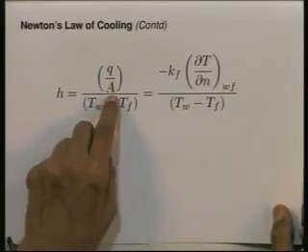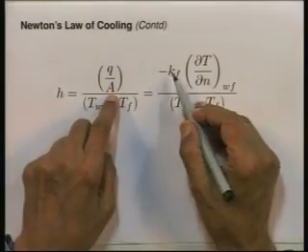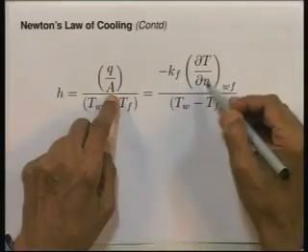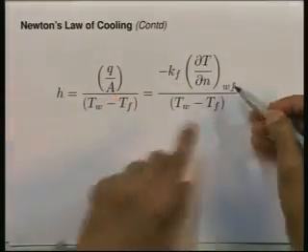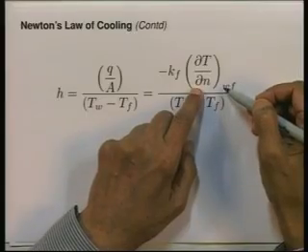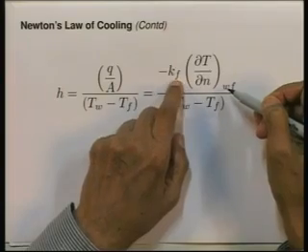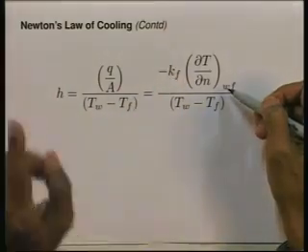But Q by A at the wall is nothing but, from Fourier's law of heat conduction, minus K f dT/dn at w,f, where dT/dn at w,f is the gradient of the temperature profile in the fluid at the wall, and K f is the thermal conductivity of the fluid, mind you.